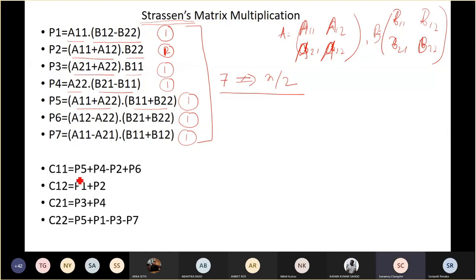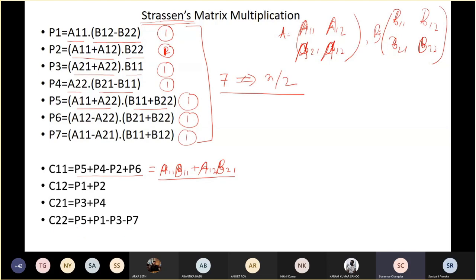If we calculate this term, we will get C11. C11 means A11 B11 plus A12 into B21. Okay, so easily we can find this. Next, C12 is equal to P1 plus P2. C21 is equal to P3 plus P4. C22 equals P5 plus P1 minus P3 minus P7.